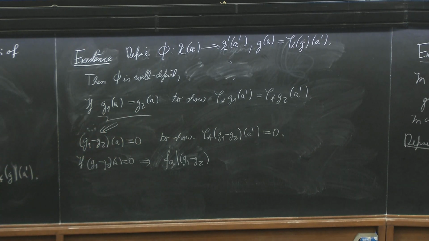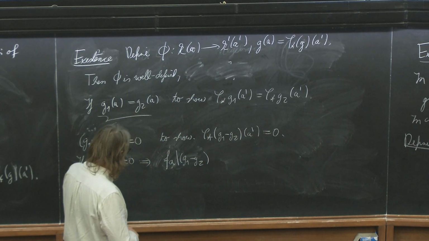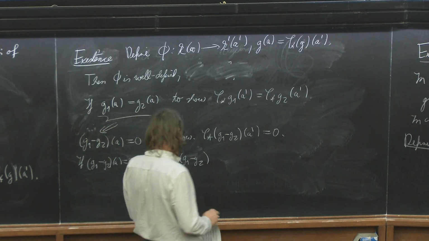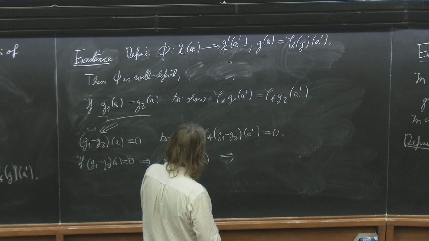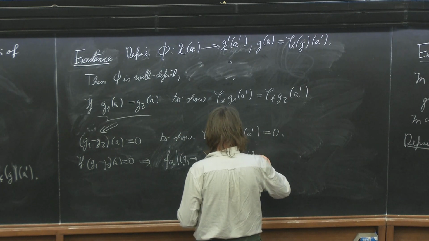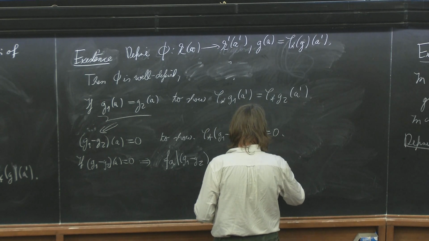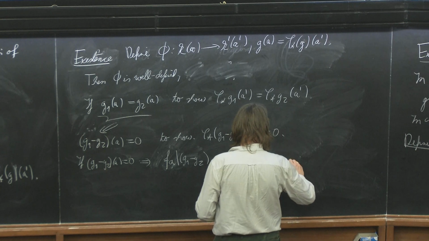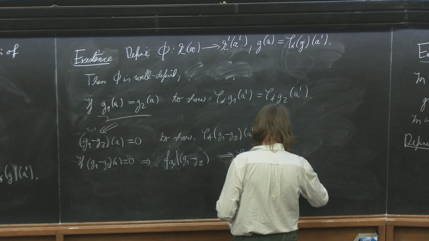It divides every polynomial which vanishes at A. It is the generator of the ideal of all the polynomials which vanish at A. And so it follows, because we have a homomorphism, that phi star of FA divides phi star of g1 minus phi star of g2, which is the same as phi star of g1 minus g2.